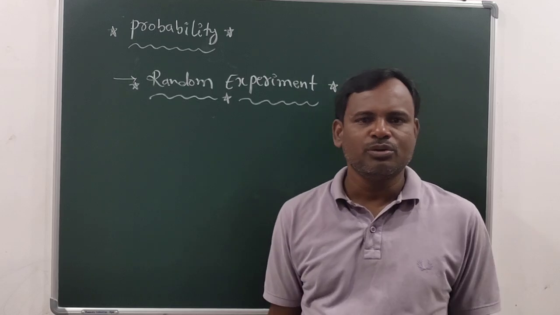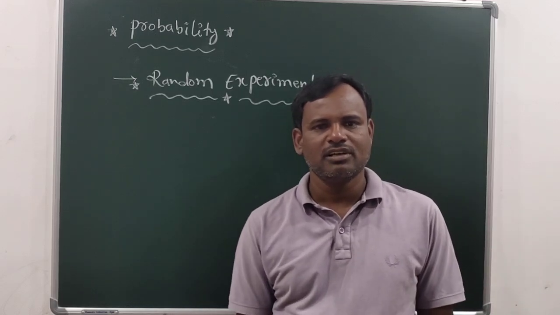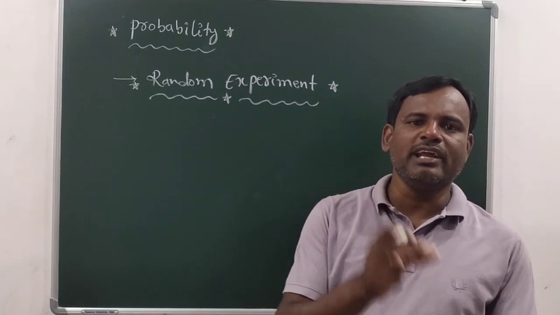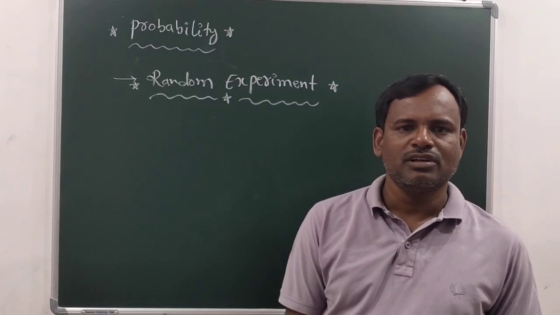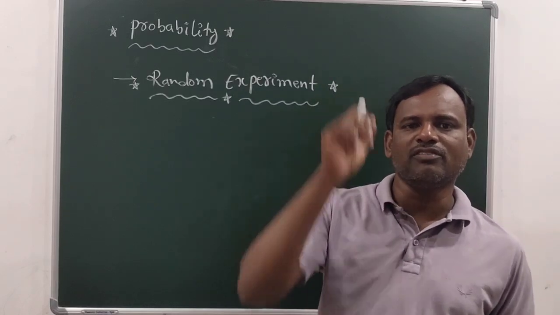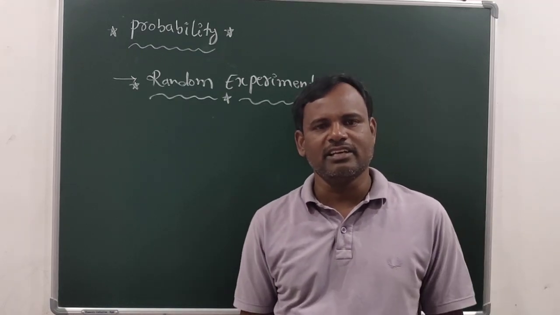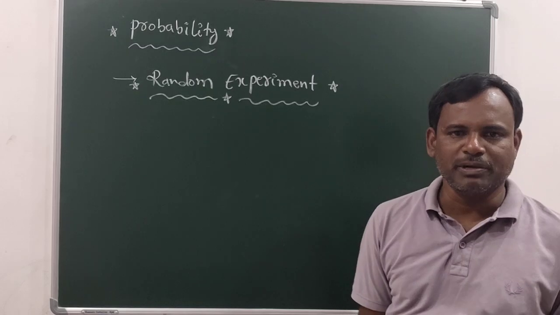Like you can throw 2 dice or more than 2 dice. Like, so take the deck of playing cards, which has 52 cards. Now shuffle it well and pick a card from it. What do we get? We cannot predict exactly. So all this comes under random experiments.